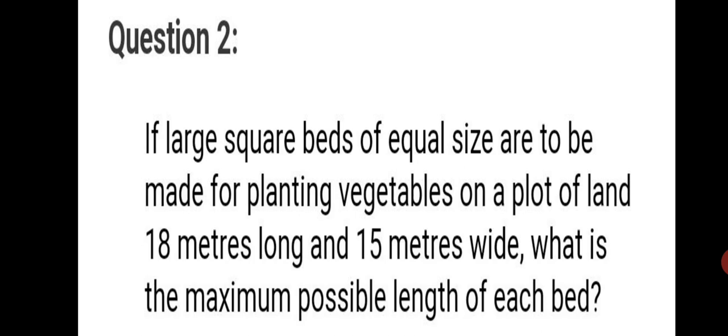So maximum possible length, the word itself tells you that you want something highest. Maximum means highest. So taking that clue in mind, you know that you have to find the HCF if you need to find what is the maximum possible length of each bed. So let's look at the solution.